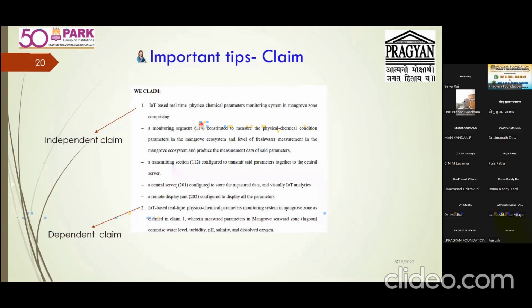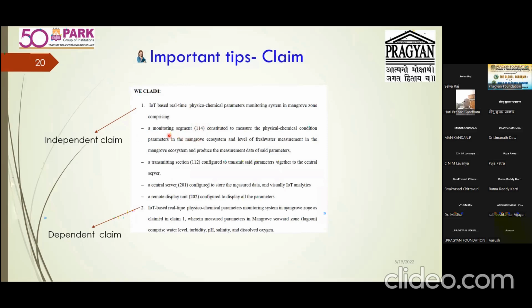For example, we can give numbers like 1, 2, 3 for machines. Numbering 1 is given for shaft, number 2 is given for blades, like that. So numbering is given for our invention when we come across the independent claim.